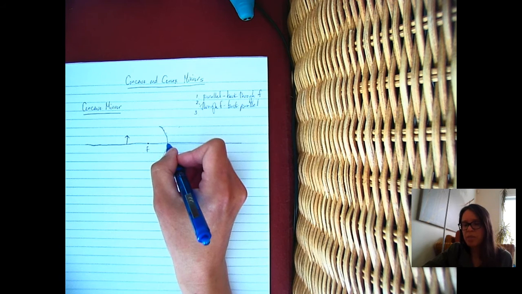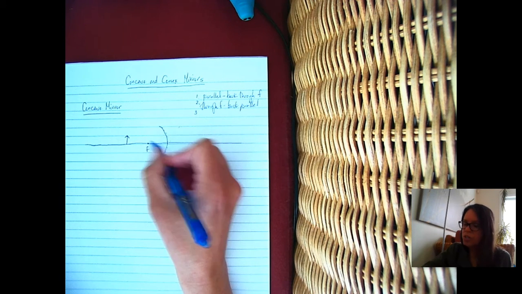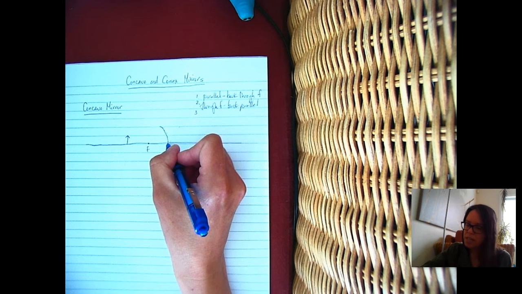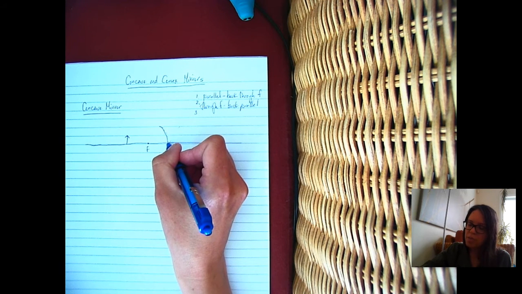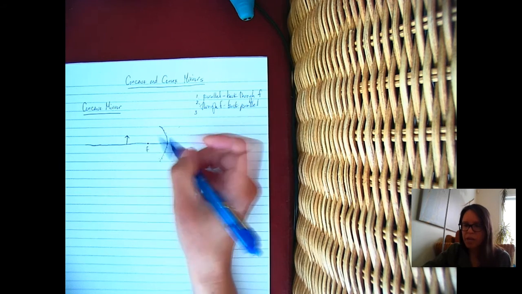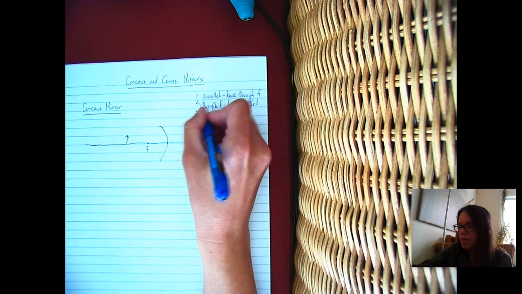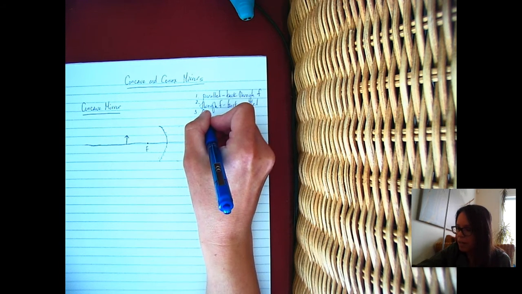I'm not going to use it as much because I have to use a protractor to see what the angle is as it comes into this point called the vertex, and then measure that same angle back out. But I'll show you by freehand roughly how it works. So the angle, that's our notation for angle, and I'm going to put a little i here for incidence.